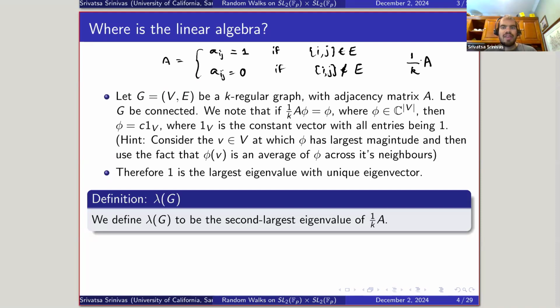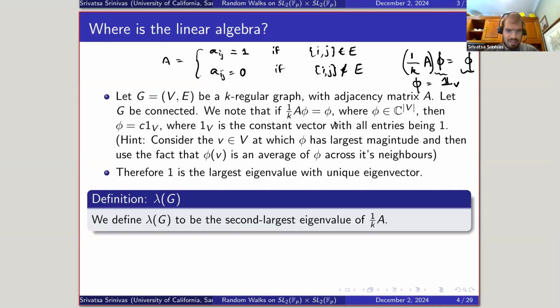So we note that the only eigenvector of this matrix with the top eigenvalue is going to be the eigenvector that is constant over all the vertices. The reason is basically like the proof of the maximum principle from combinatorics.